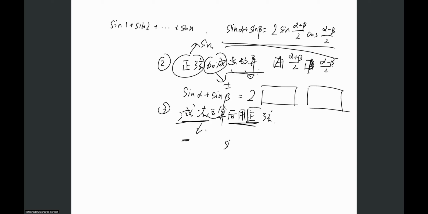So if it's sine alpha minus sine beta, then A and B are different functions, and because there's a minus sign here, I need to use sine. So I can write it as sine of alpha minus beta over 2 and cosine of alpha plus beta over 2.